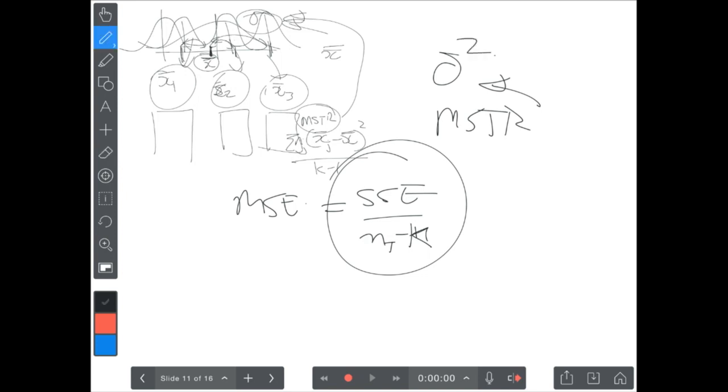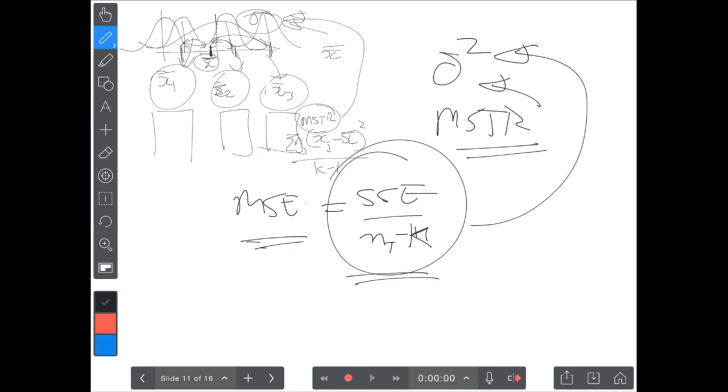MSTR is also a variance, so it's estimating sigma squared. And MSE is also a variance, and also estimating this. It turns out that the estimate MSE of that value is fairly stable, so it does not change a whole lot. But MSTR is the one that's sensitive to whether or not the means are from different populations or from the same population.